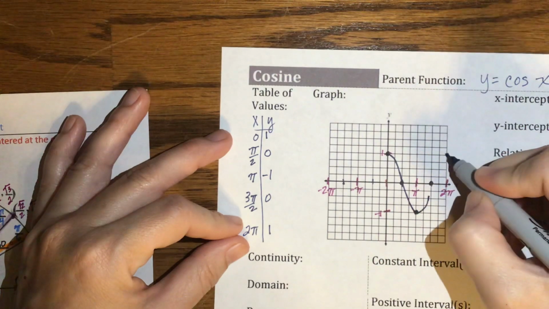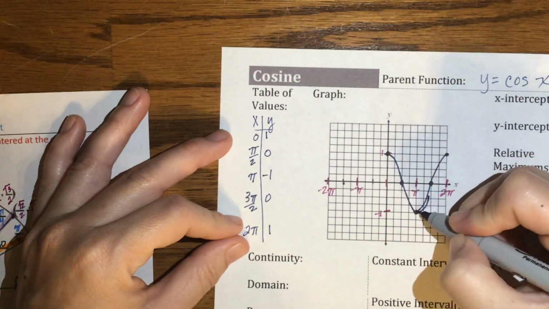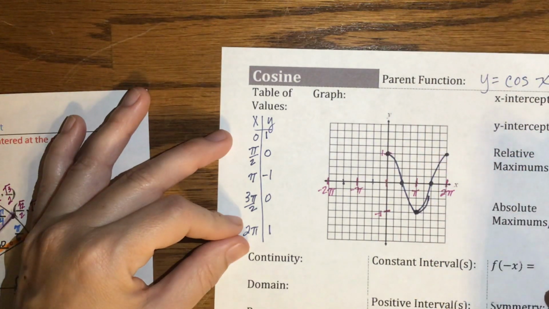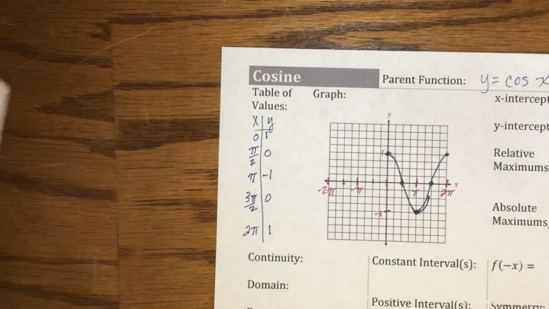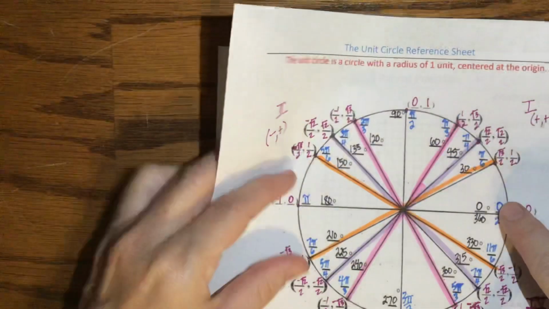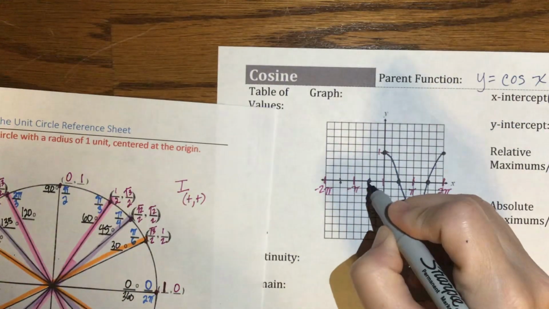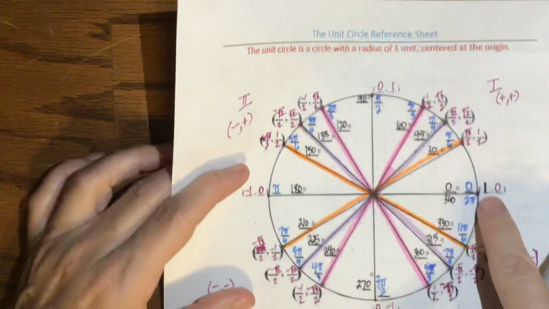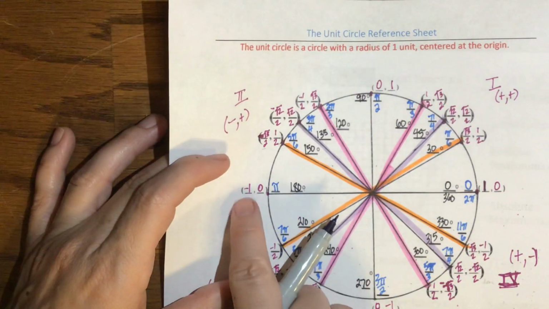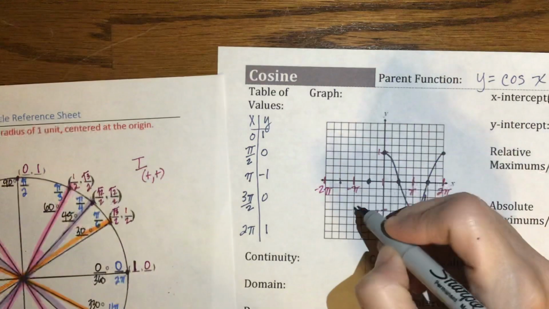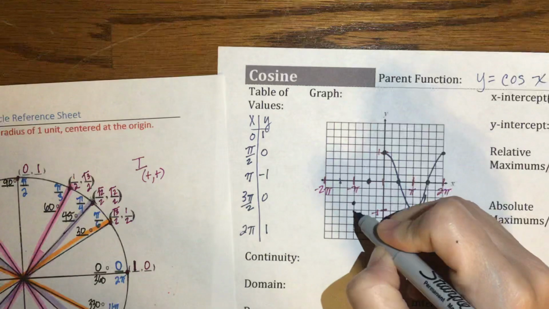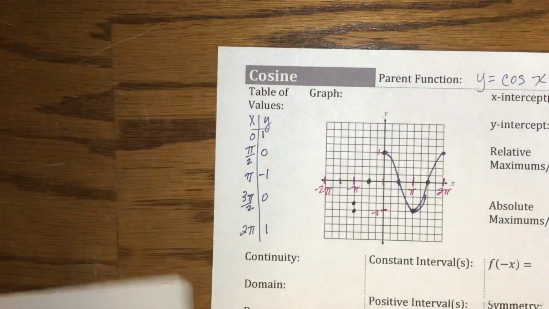So it looks like it's a lot different than sine, but watch what happens when I go backwards. Negative pi over 2, 0. Negative pi, negative 1. Oops, darn it. 2 mistakes on this one.